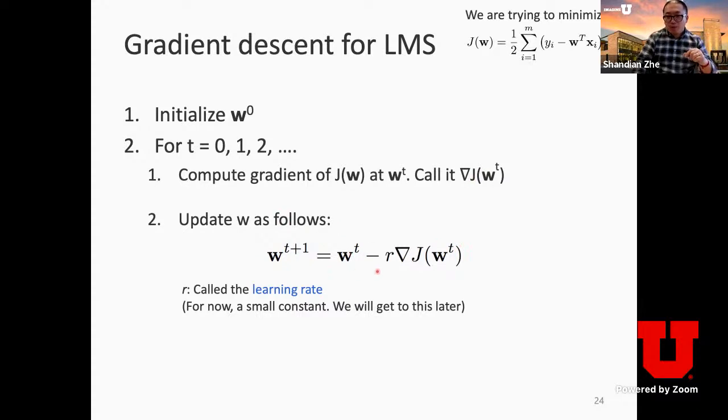We update the weight vector toward the opposite direction of the gradient, so we need to take a minus sign in front of it. And then we need to determine how far we move along the opposite gradient direction. This is controlled by this scalar r, and r is also called the learning rate.